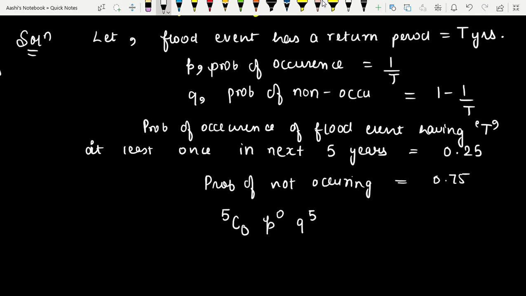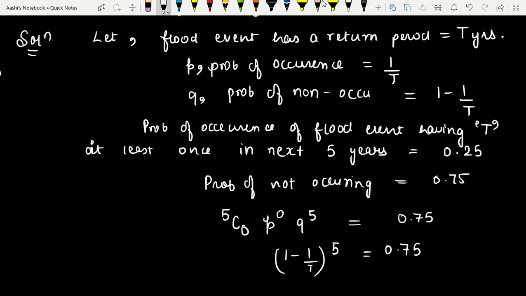So I am taking 0 times, p to the power 0 means no time it is occurring, and q to the power 5 means all the 5 times it is not occurring. So I can say that 5C0 is 1, p to the power 0 is 1. So what I am left with is (1 minus 1 by T) whole to the power 5 equal to 0.75.